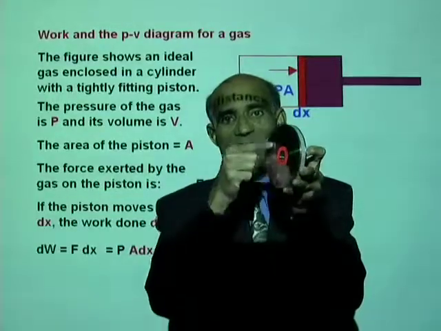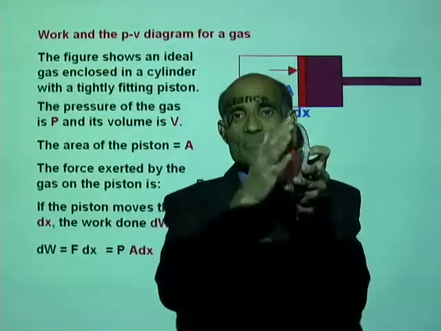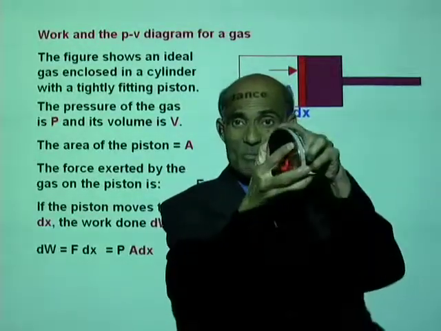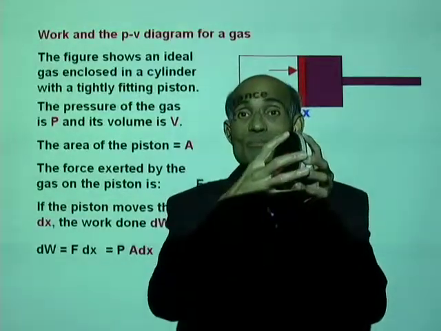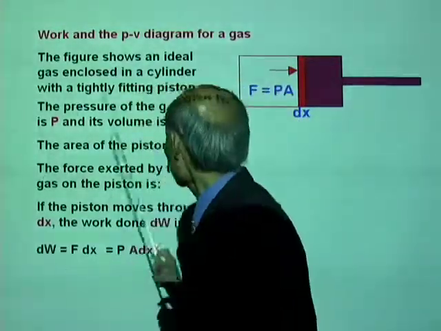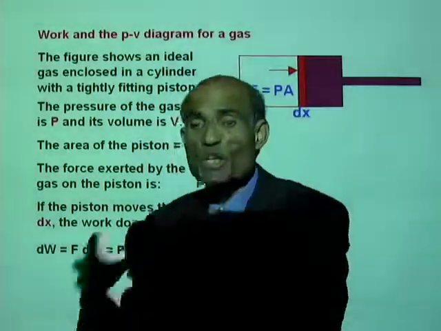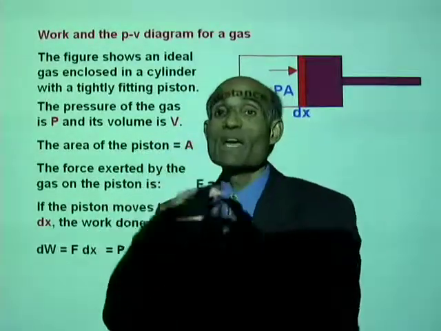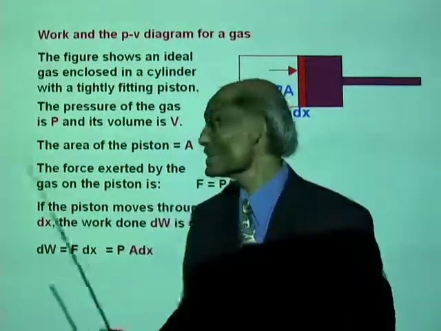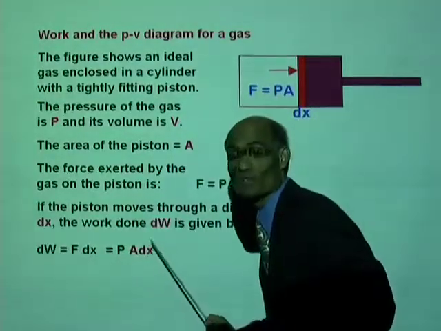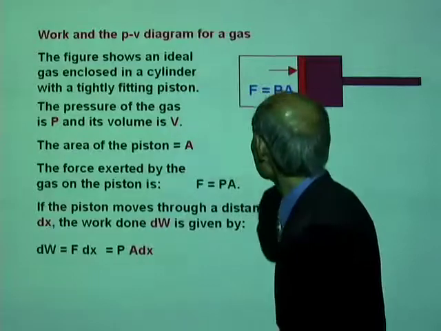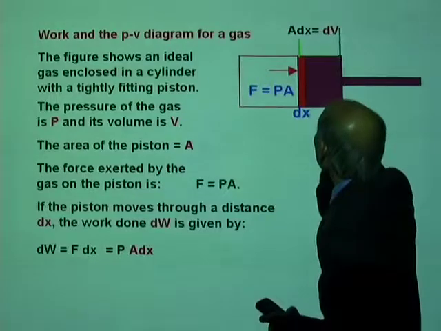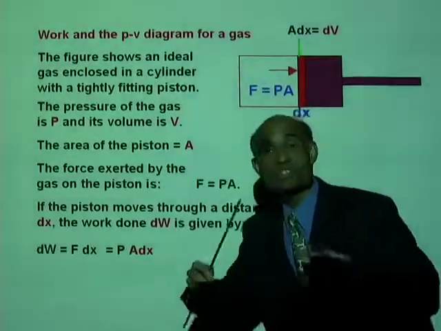What does A multiplied by dx give you? If you notice, this is a disk. The face area multiplied by the thickness will be the volume. Here the piston is moving through a small distance dx, so A times dx is the increase in volume, dV, the change in volume.